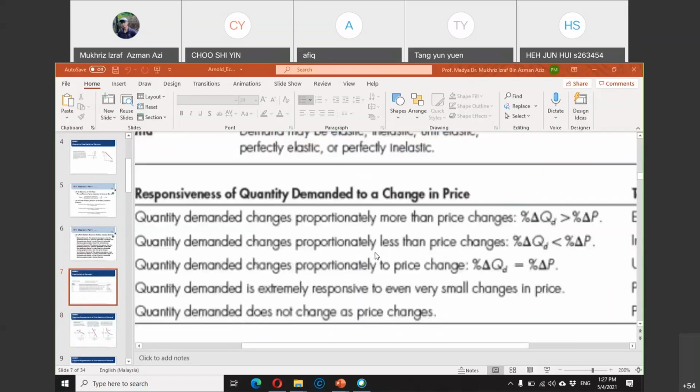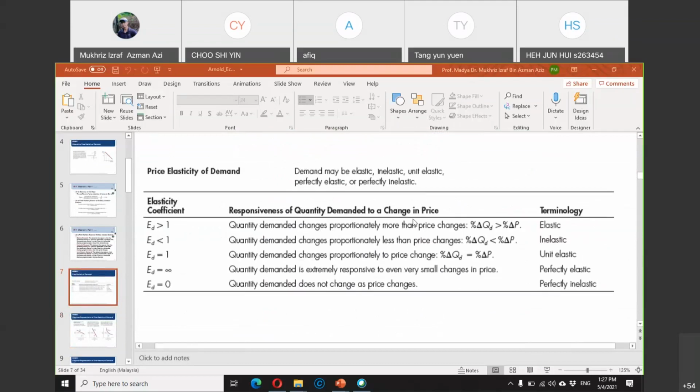If you look at this slide, more than 1 is elastic, less than 1 is inelastic, equal to 1 is unit elastic. If the value goes to infinity, we call it perfectly elastic, meaning the value can go up to 1 million, 2 million, or infinity. If the value is exactly 0, we call it perfectly inelastic.